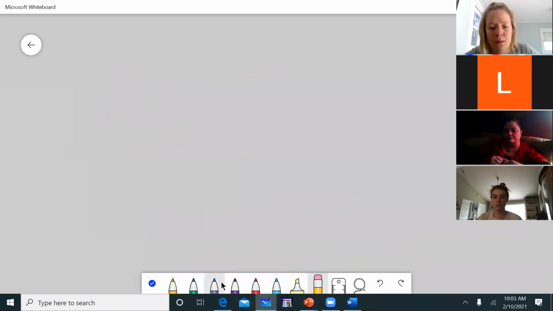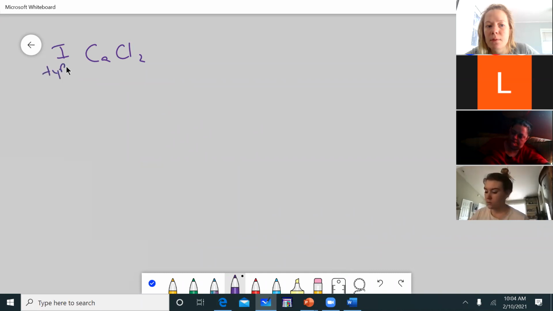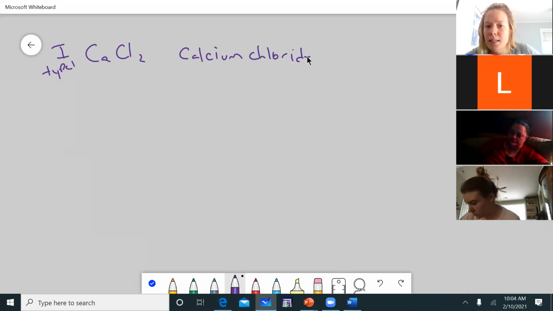So if I write something like this, CaCl2. This is a metal and a nonmetal, so it's ionic. This has a predictable charge, so it's type 1. So all I have to do is name the metal, calcium, take the abbreviated or the truncated version of the last thing, chlor, and IDE it, calcium chloride.